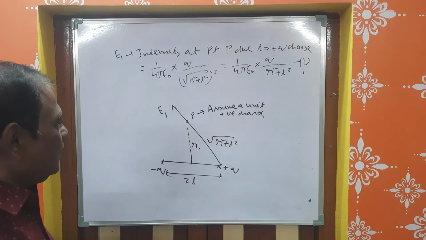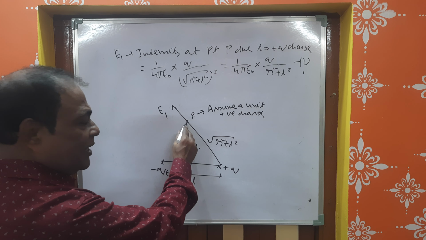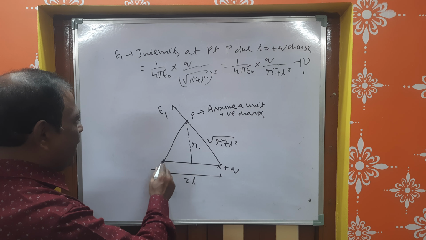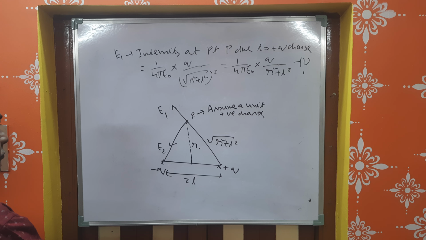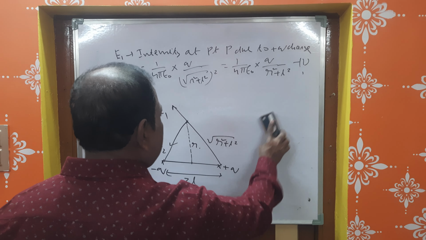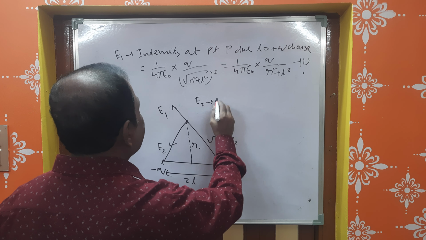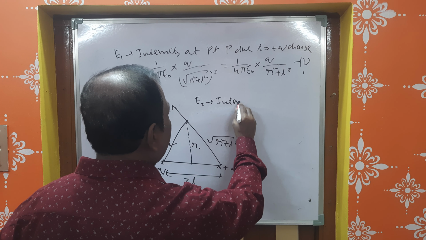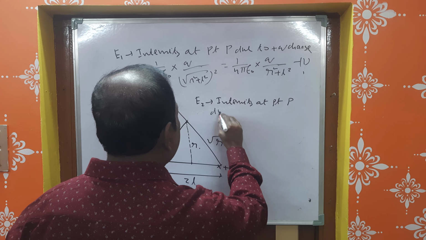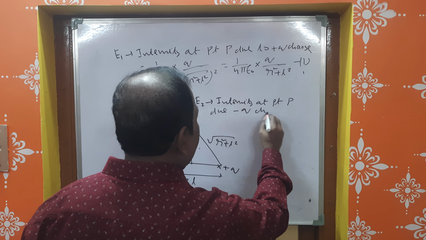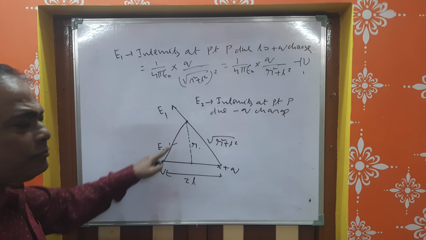No problem. Similarly, the electric field intensity at point P due to minus Q charge. This is positive charge, this is negative charge, so the direction is this, that is E2. E2 is the intensity at point P due to minus Q charge. The positive is attracted by the negative, so this is the direction.